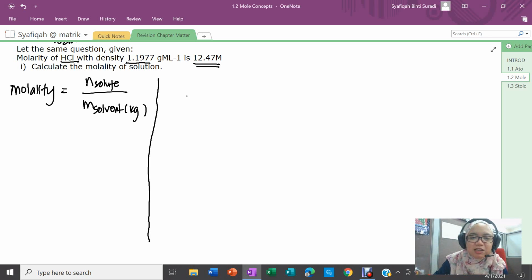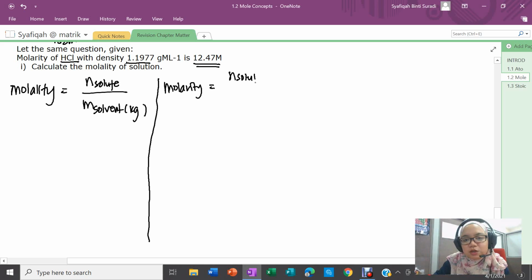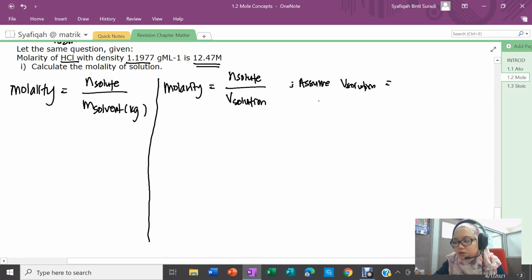Okay, macam mana? Okay, kita tengok ni. So, kita tahu molarity is equals to mole of solute divide dengan volume solution. Betul? So, if kita assume volume solution is equals to 1 liter, kita tahu molarity kita 12.47 mole per liter.